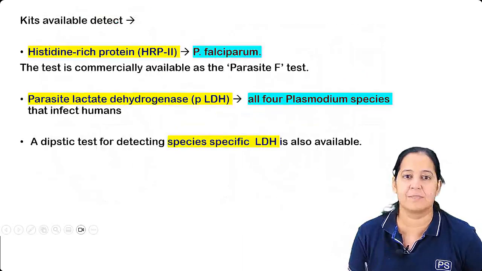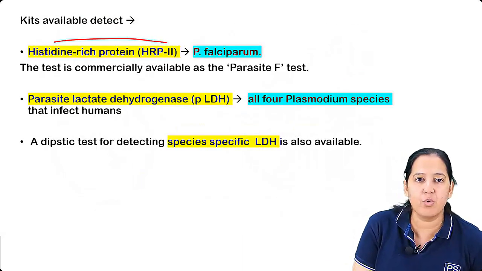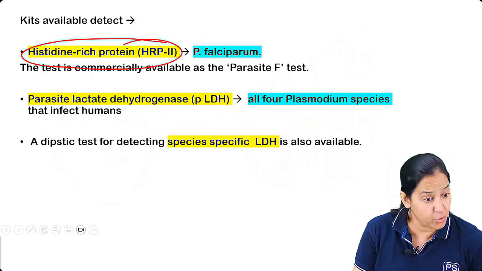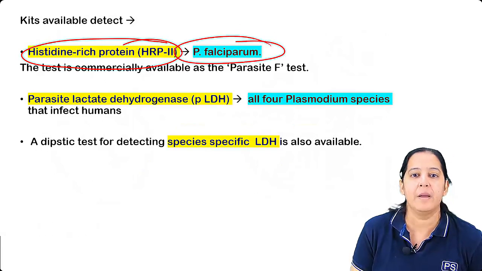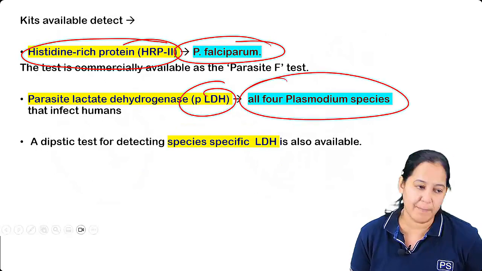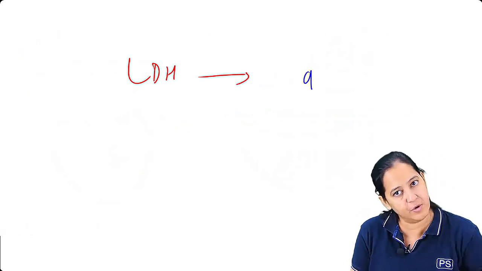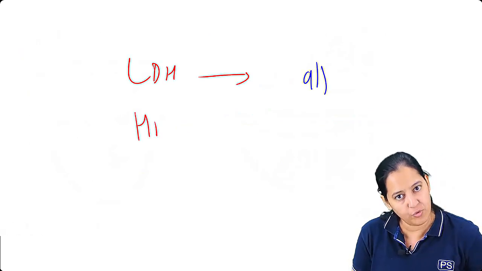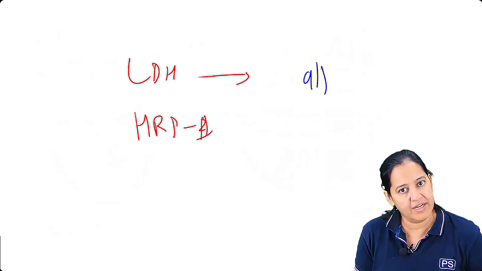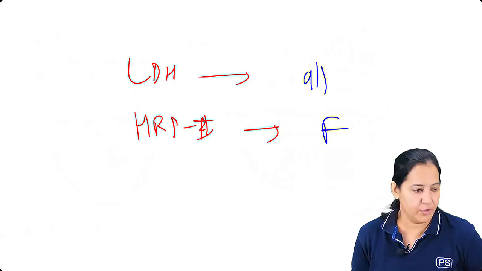Please learn this principle. Histidine-rich protein 2 is present only in falciparum, but LDH is present in all four. Please learn. You got it?